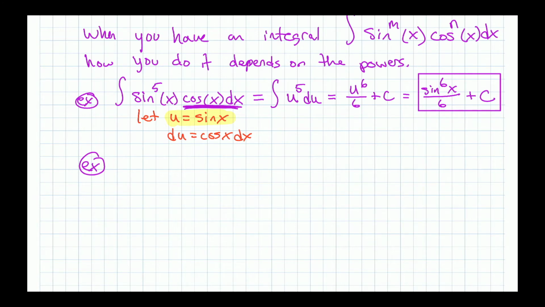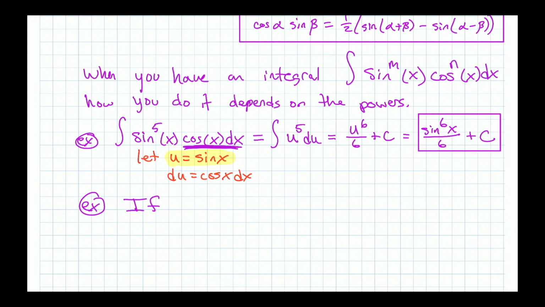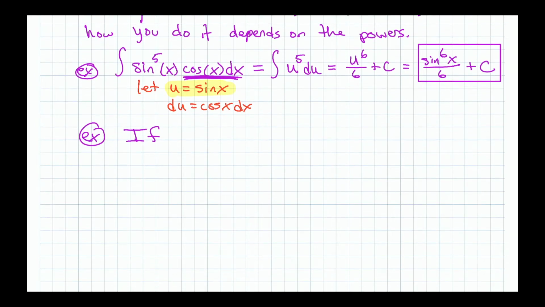So here's an example. All right, so if your integral, well, basically we're always referring to this up here. So if m or n is odd, okay, if m or n is an odd number.